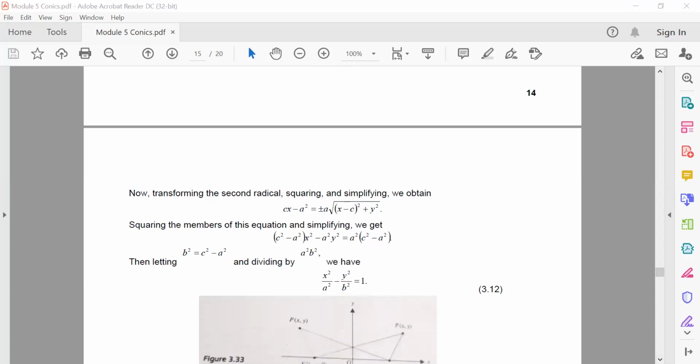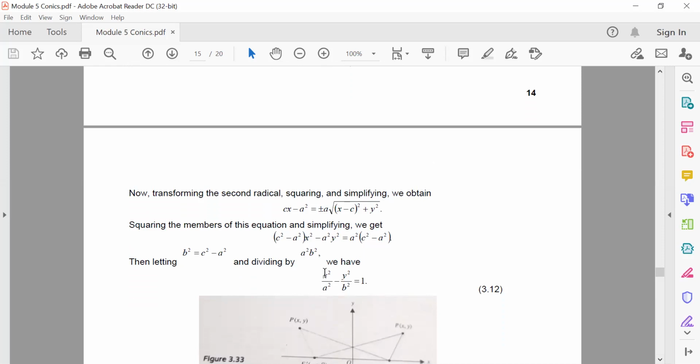So dito, hindi na major axis ang tawag pag sa foci, pag sa hyperbola, transverse axis. Magkakaroon na tayo ng transverse axis, that is the major axis katumbas sa ellipse, and the conjugate axis, that is the minor axis katumbas niya sa ellipse.